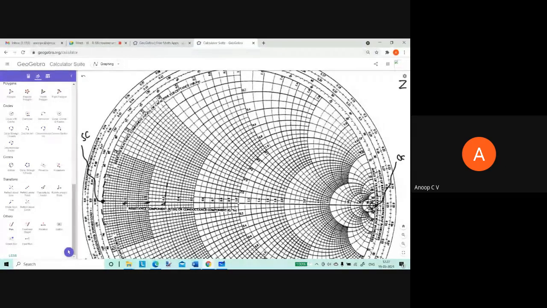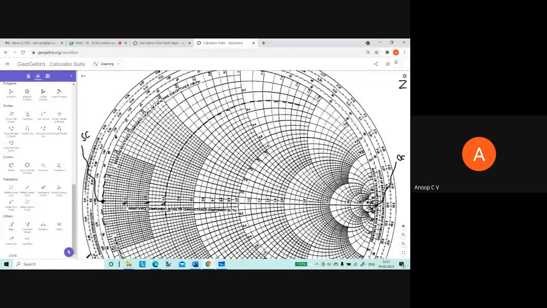Are you able to see this, whatever I am marking? This particular circle is R equal to 0.3. So what you should do, when you are doing it on paper with pencil, is mark a dotted line along that circle, so that you have identified that circle as R equal to 0.3.